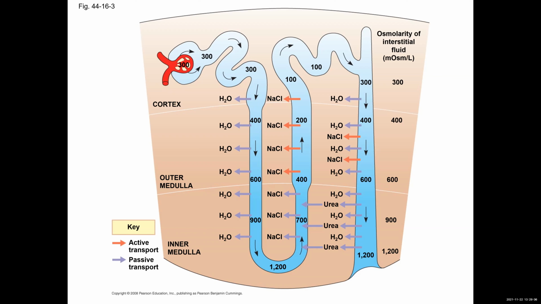We can reabsorb 99.5% of sodium ions if we need them, 100% of glucose molecules in a normal healthy metabolism. Urea, we are going to end up with about 50% of it secreted from the circulatory system. So like I said, we don't actually get rid of all of it.